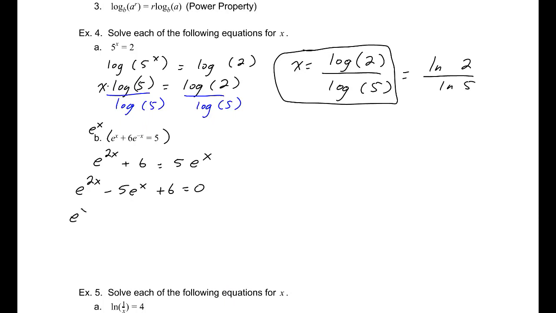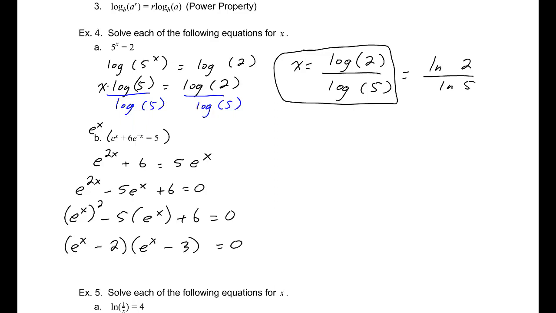I can write this as e to the x squared minus 5e to the x plus 6, and I can factor this. e to the x, e to the x. That'll be a 3 and a 2, both minus.